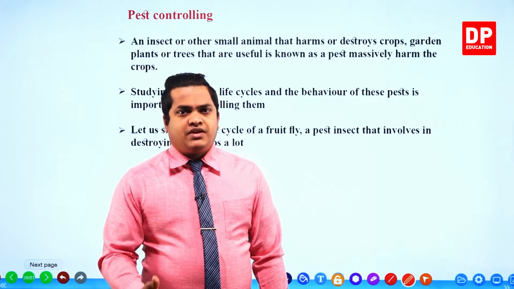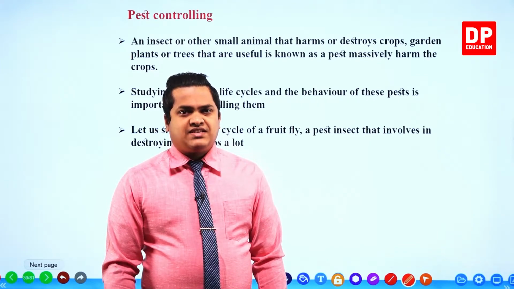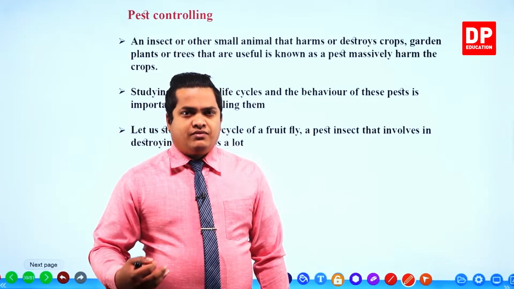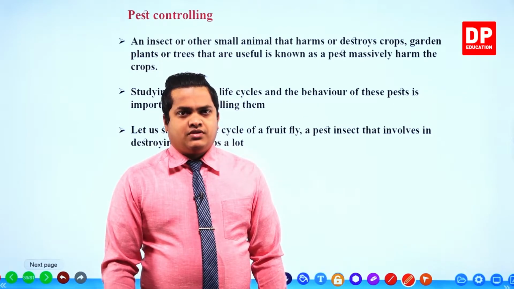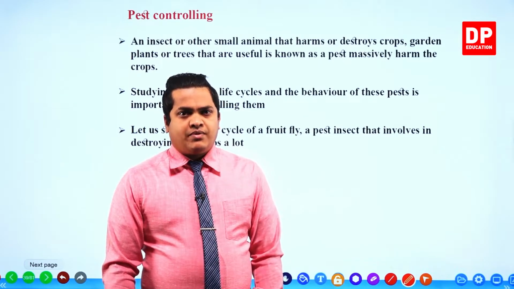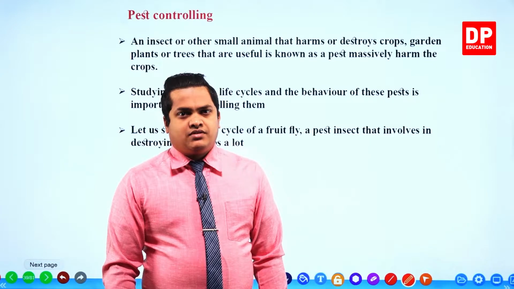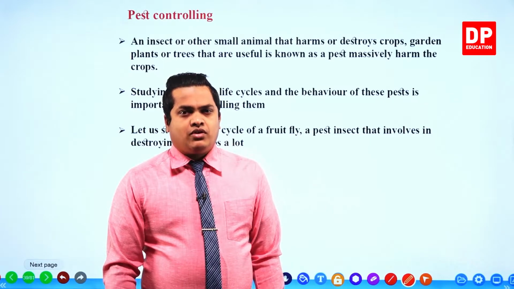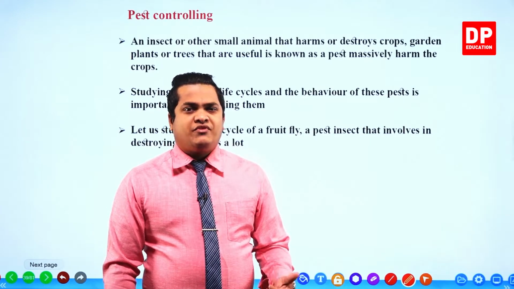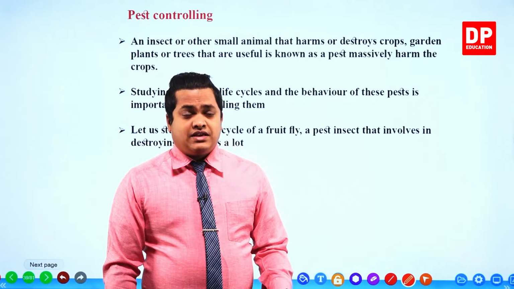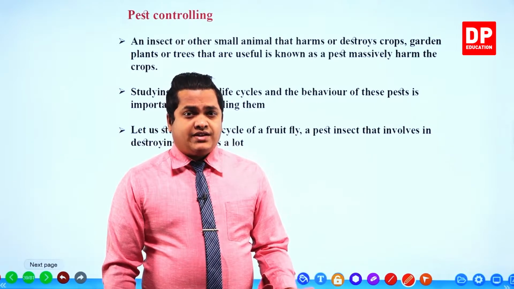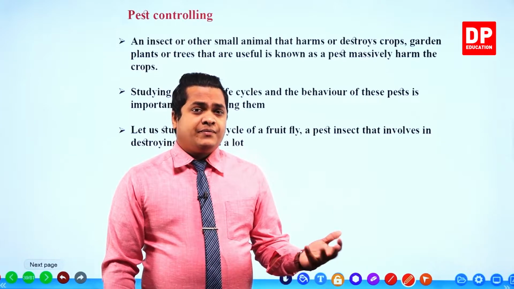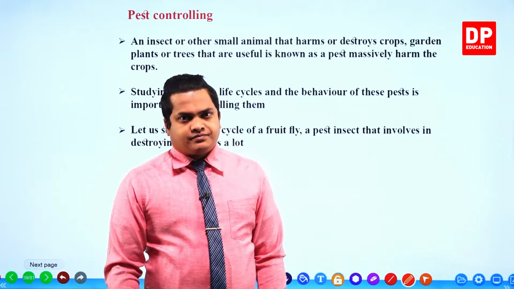Sometimes birds may catch tadpoles as they are very weak in locomotion. They can't swim very fast, so they are easily predated by different types of organisms.